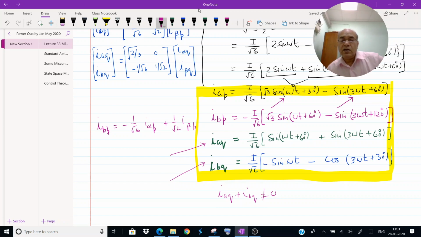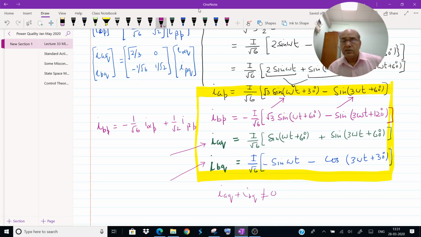So this is a kind of misconception that leads to a wrong interpretation of the active and reactive components of the current. Okay, and this is the answer to the question of finding the reactive and active components of the current in the ABC frame. So these are the equations for that.